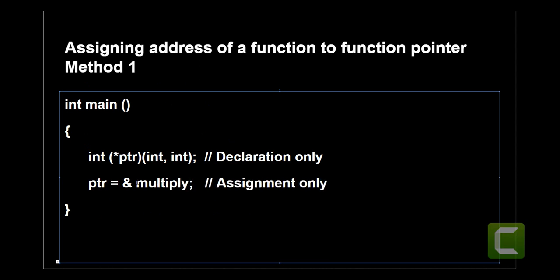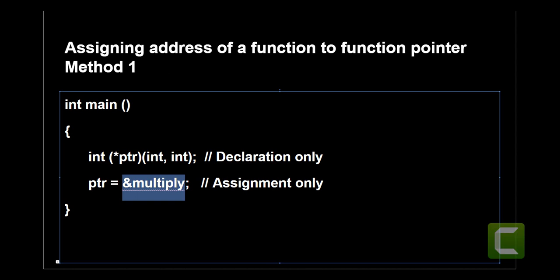So now we do have multiply, which is our function, and by using the ampersand sign, we are just getting its address and storing it in our variable ptr, and ptr is a pointer. So remember, pointers only store the addresses of whatever it is that you're passing into them, and here we are passing the address of our function, which is called multiply.